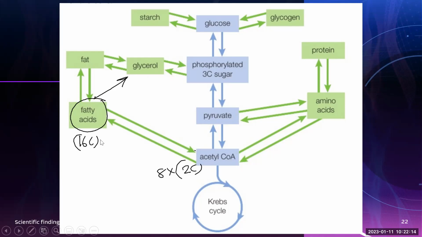If this fatty acid has 16 carbons, it can break down into 8 two-carbon molecules, because acetyl-CoA has 2 carbons, and then they enter the Krebs cycle. Glycerol can enter through glycolysis, and if protein is the energy source, amino acids enter at the level of pyruvate and acetyl-CoA.